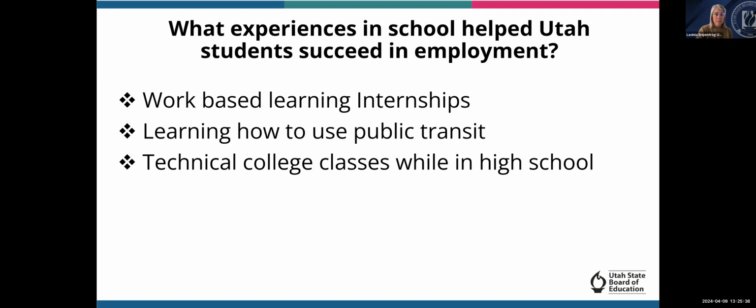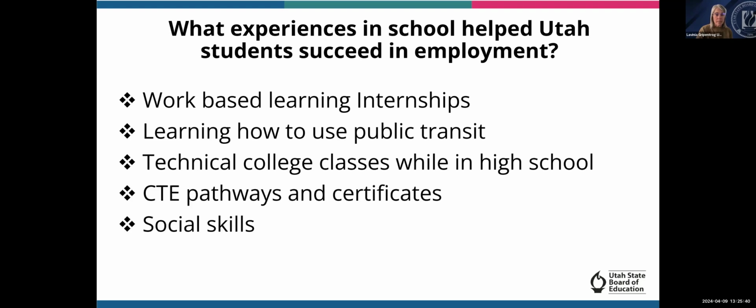And these are just responses that we got from students and parents about what experiences they had in their Utah high schools that really helped them be successful in employment when they got out. So think about that. A lot of this really aligns with the predictors that you learned about last week.